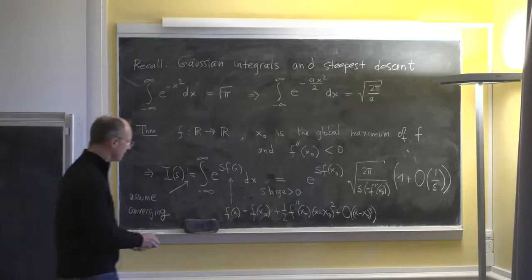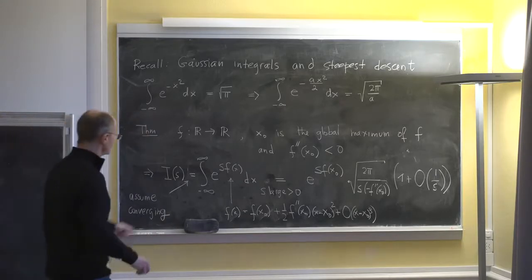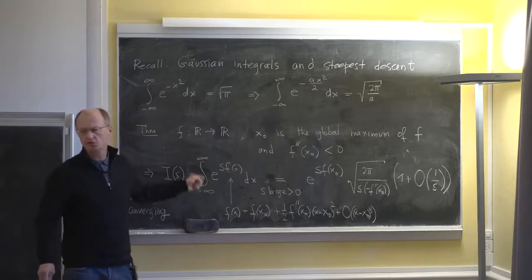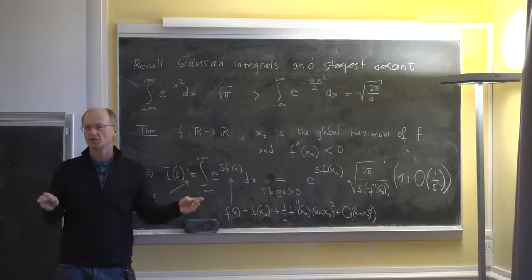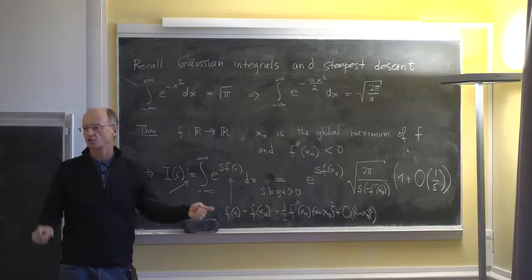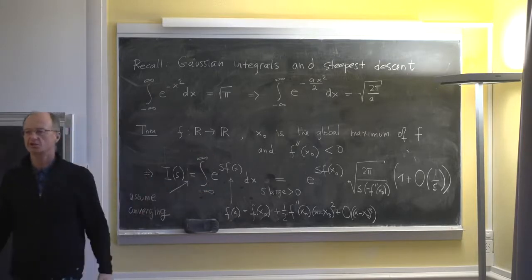In fact, in this integral, those limits are also negotiable. It's sufficient to have some segment around x naught, or it can be a semi-axis containing x naught, and x naught should be an interior point.